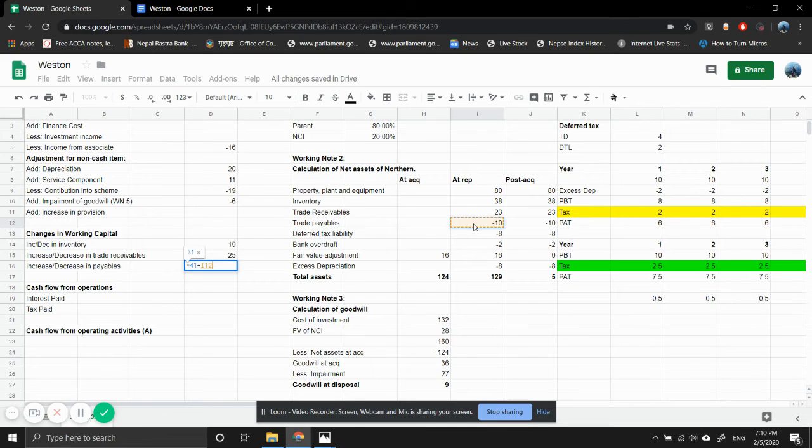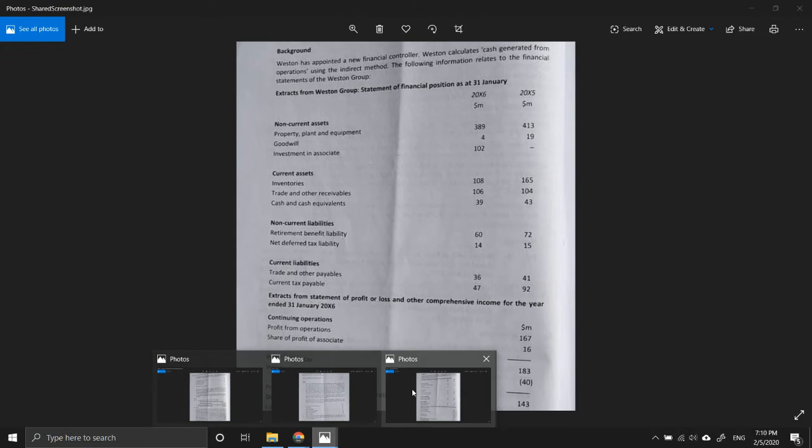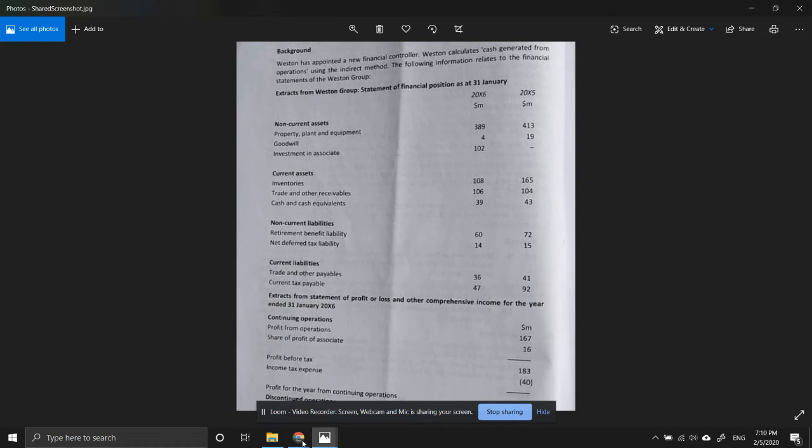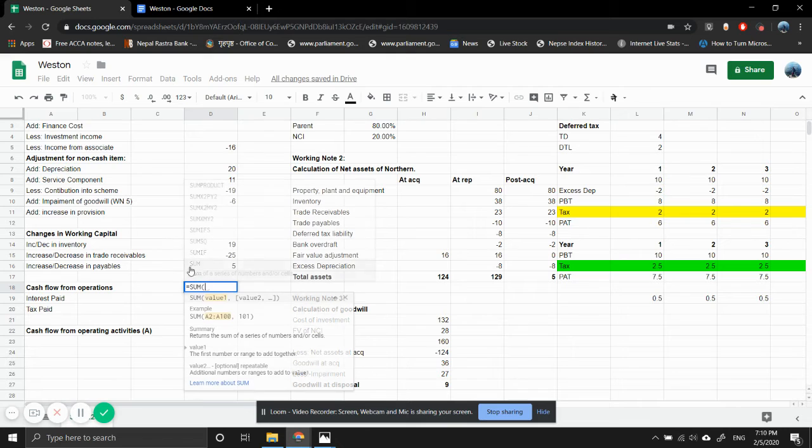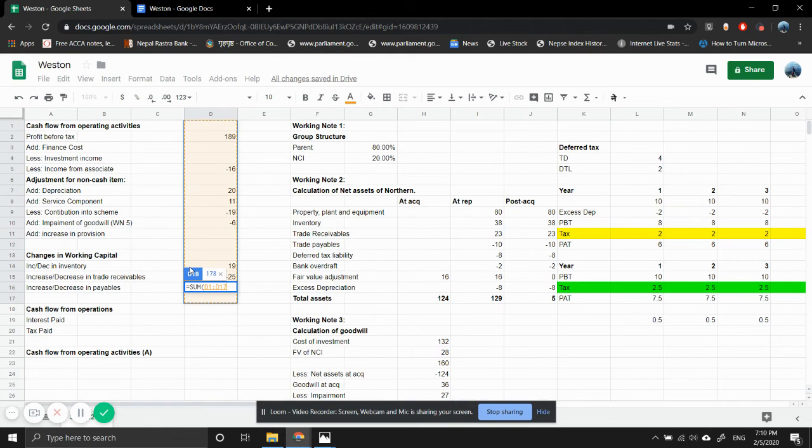So 10, right? So that's 31. So how much is it now? So it's 36. So it has increased, right? So what we can do is 36 minus this as well. Okay, so that will be a positive figure, right? So this will give us cash flow from operation. So it should be 178, okay?